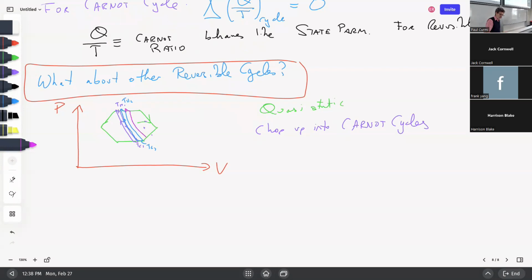Yes, it's going to be an approximation. But I then take the limit, as I make these smaller and smaller and smaller. So basically what I get from all of this is that I can approximate an arbitrary reversible cycle by a series of Carnot cycles.